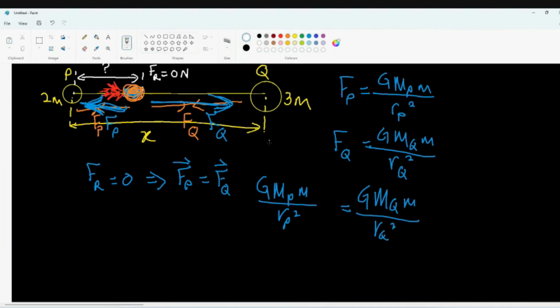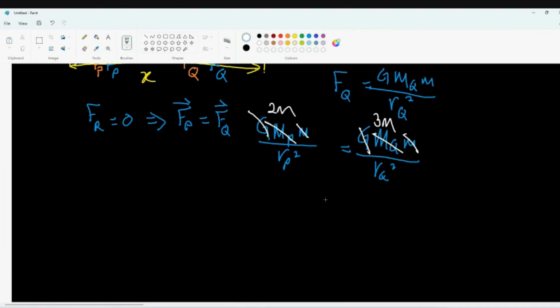From here we can simplify the calculation first. G and G cancel, and the mass of the rocket cancels. Now we know that MP is 2M and MQ is 3M. So we have the equation: 2M over distance P squared equals 3M over distance Q squared.